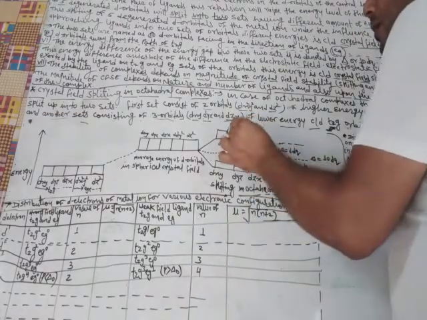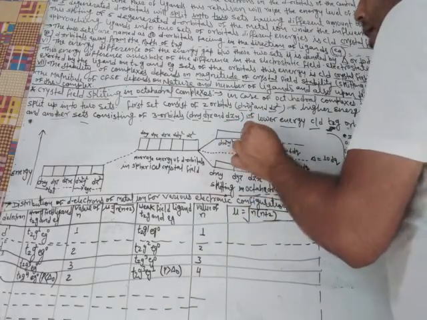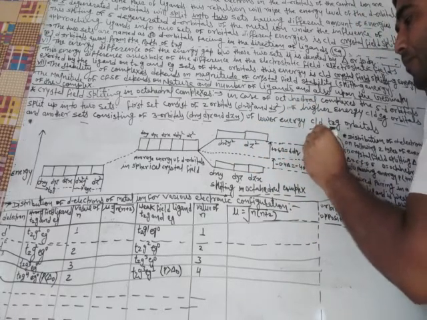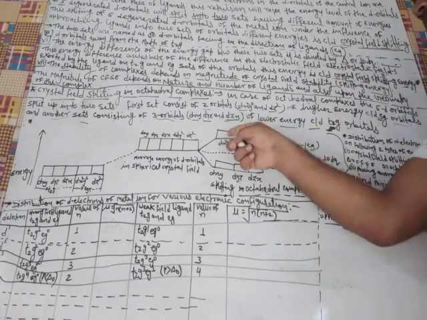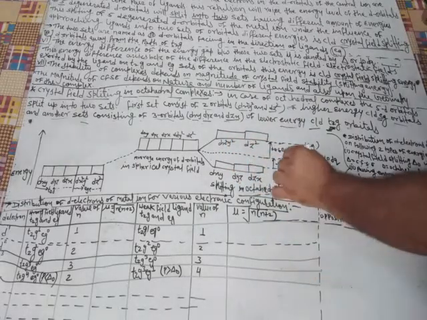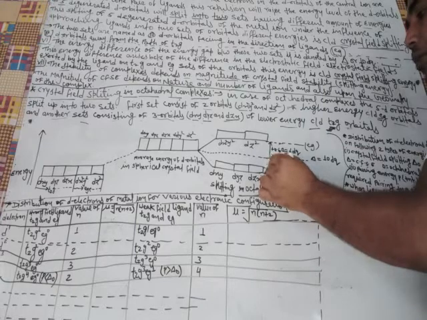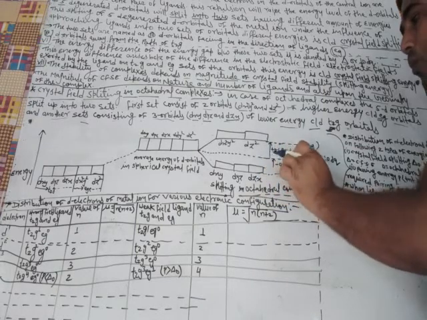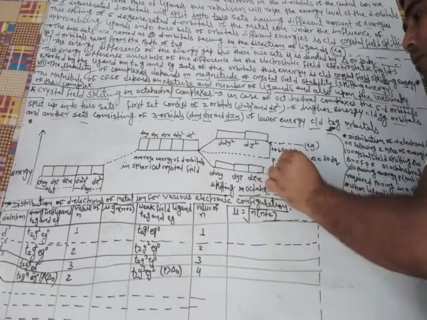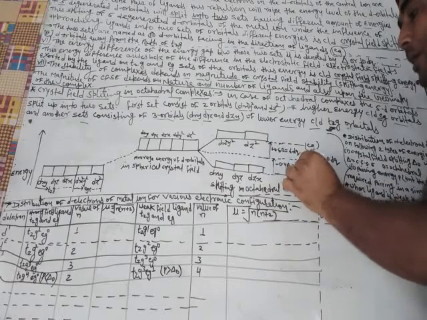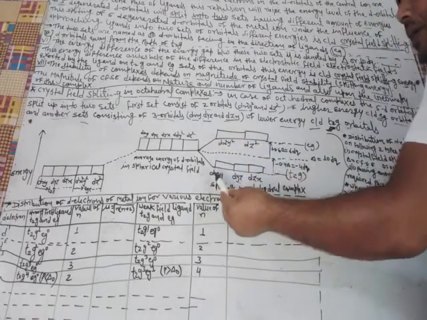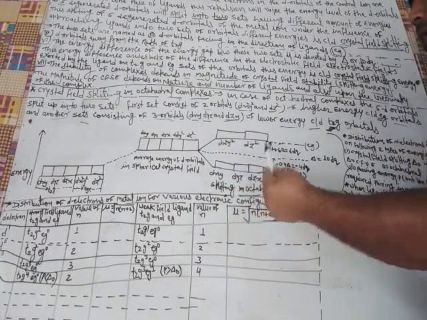The higher energy level has two orbitals, represented by Eg: dx square y square and dz square. The lower energy level is represented by T2g, with a total of three orbitals: dxy, dyz and dzx.